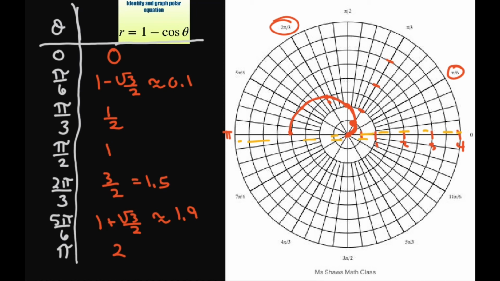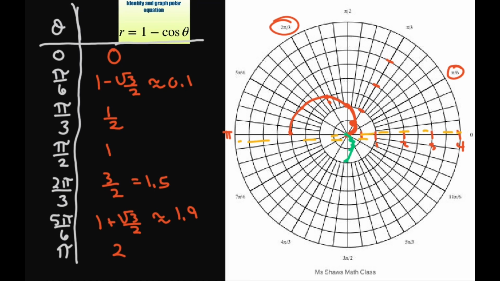At 11 pi over 6, it's going to be 1.1. At 5 pi over 3, it's going to be at 1/2, which is right here. So it's coming around this way. At 3 pi divided by 2, it's at 1.